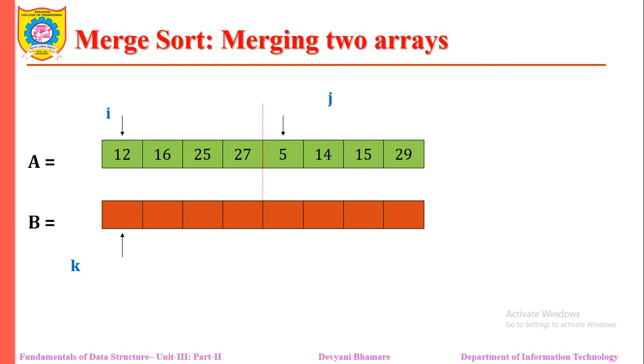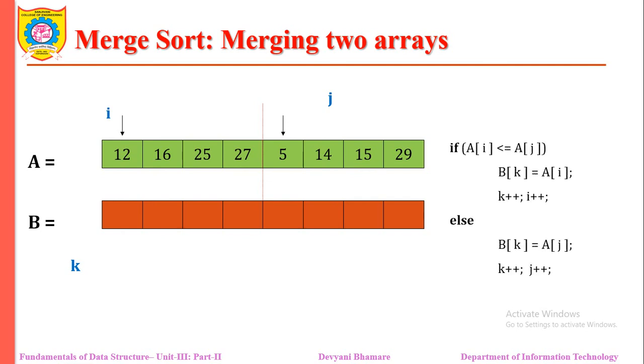If A of i is less than A of j, then we copy the A of i value into B of k, and k and i both will be increased. But if A of i is greater than A of j, then we copy the jth value into B of k, and k and j will be increased.